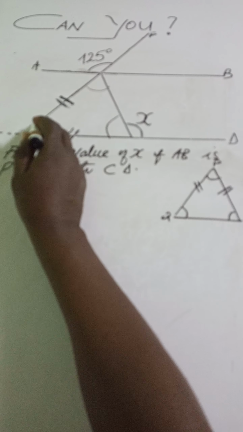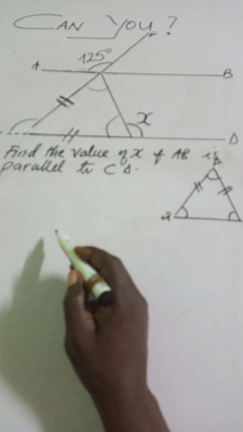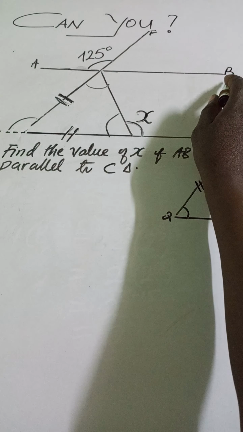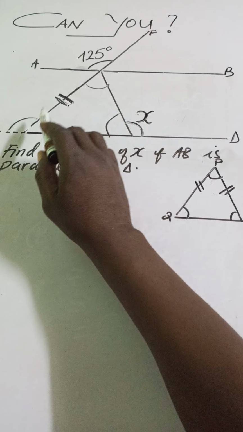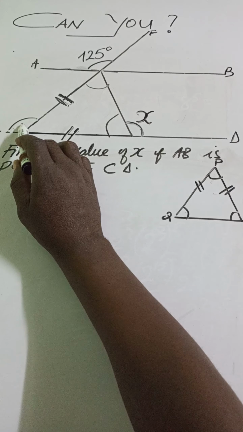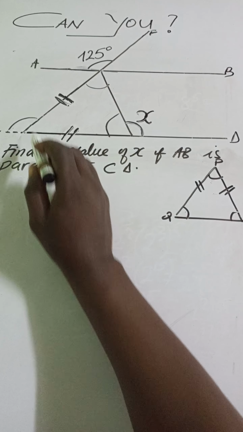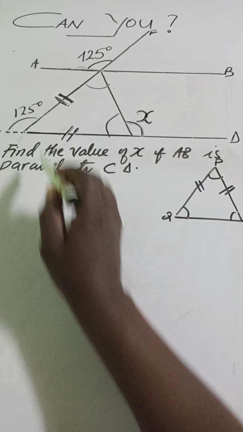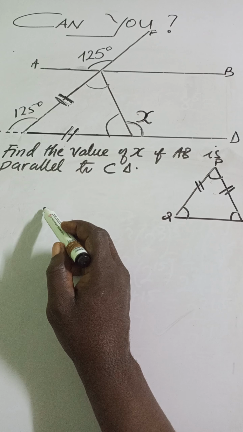We will see that this angle here corresponds to that angle with respect to the line AB and the transversal. This is a transversal, this is the line AB. That angle, and this is the same transversal. And then when we look at this other line, this angle corresponds to that angle. So corresponding angles are equal. So we expect this angle to be 125 degrees also.